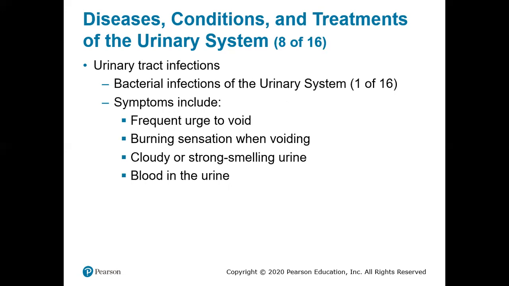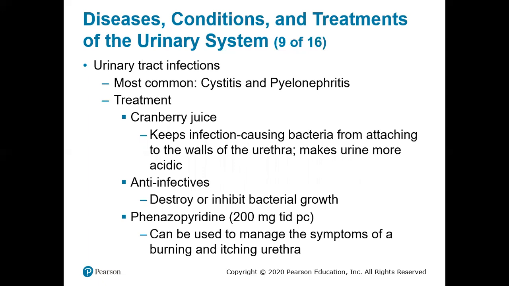Bacterial infections of the urinary system. Symptoms would include frequent urge to void, burning sensation when voiding, cloudy or strong smelling urine, and blood in the urine. Most common is cystitis and pyelonephritis.